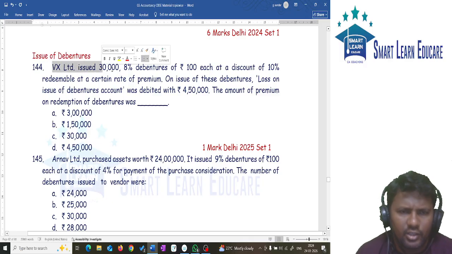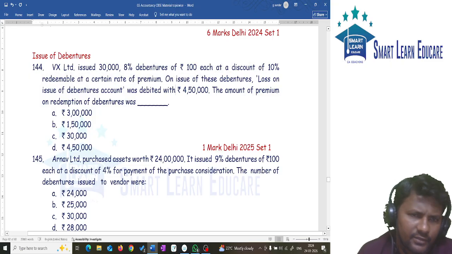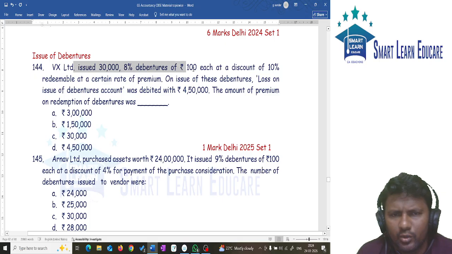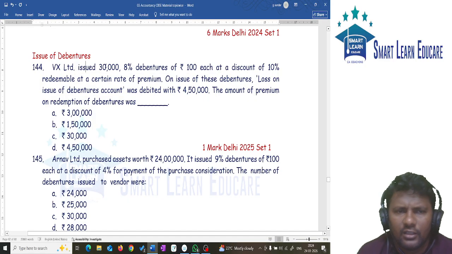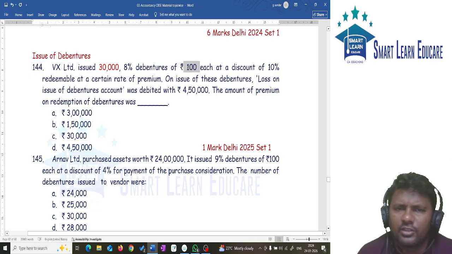VX Limited issued 30,000 8% debentures of rupees 100 each. 30,000 is the number of debentures, 8% is the rate of interest, and the debenture face value is 100.